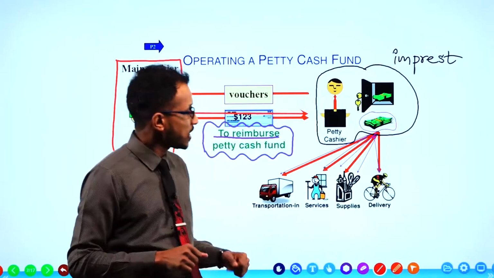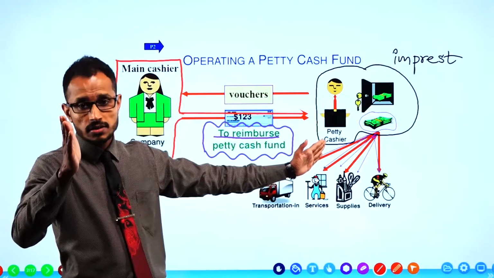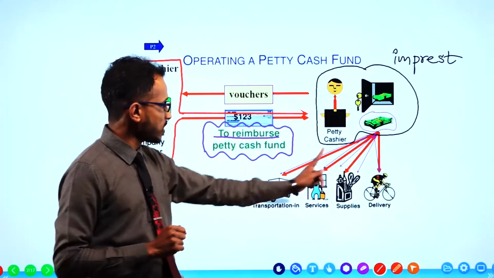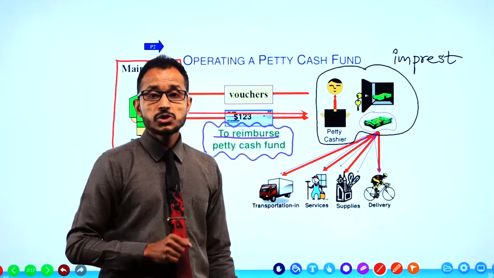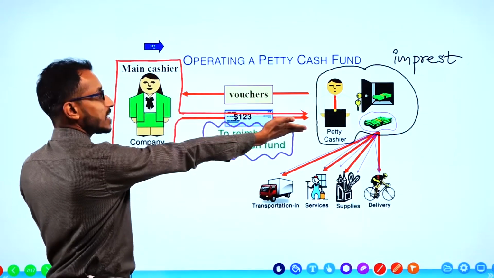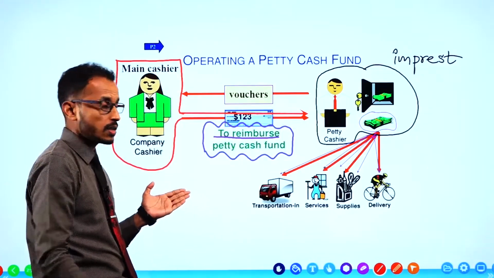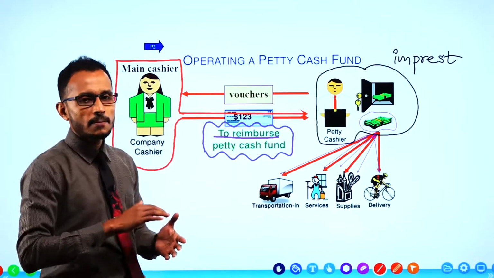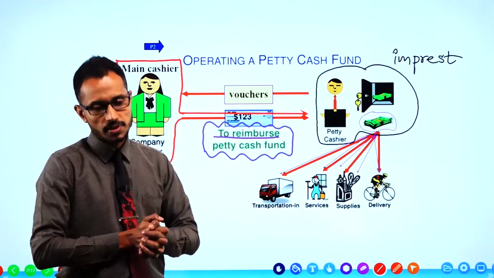Whatever the case is, the amount spent for petty cash expenses during the month should be returned by the main cashier at the end of that month. That is called the petty cash reimbursement.